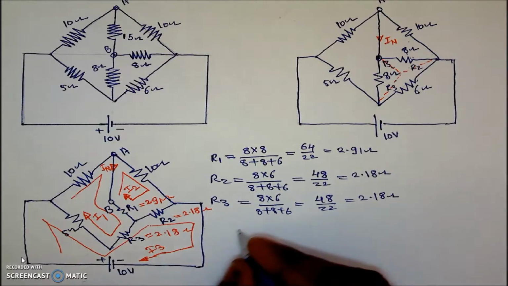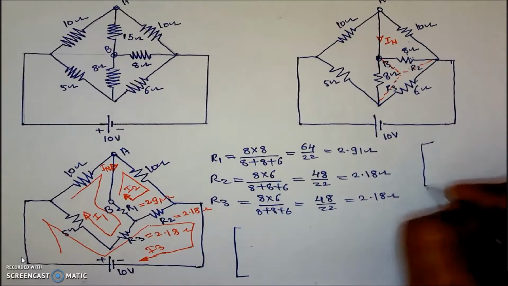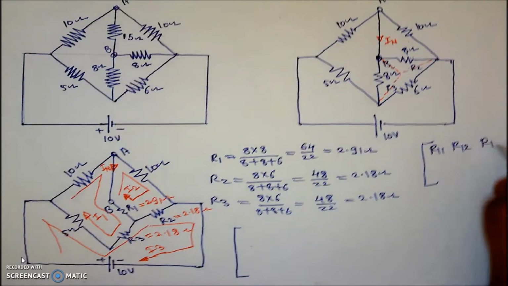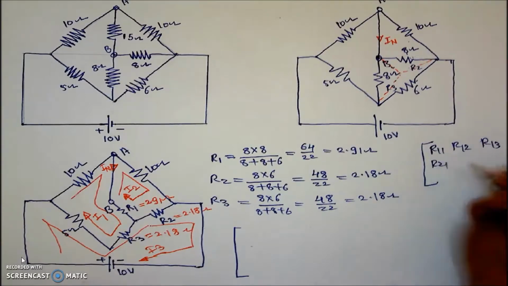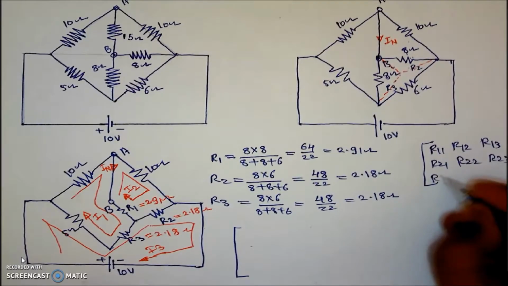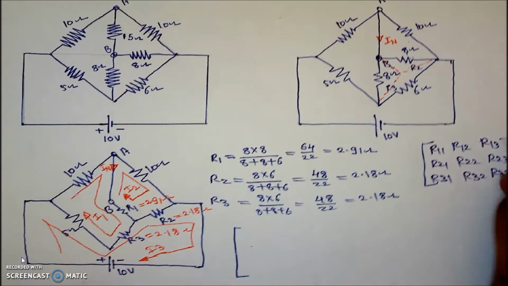Now, if I am using the matrix, the general format is something like this: R11, R12, R13, R21, R22, R23, finally R31, R32 and R33.